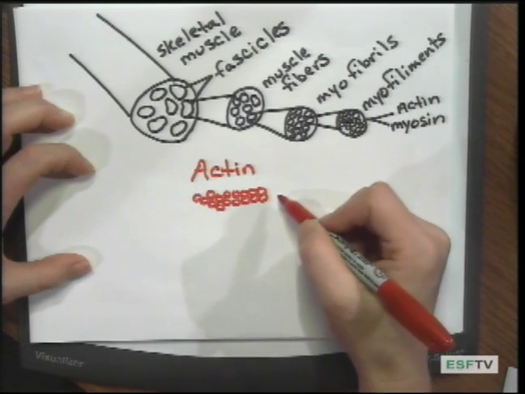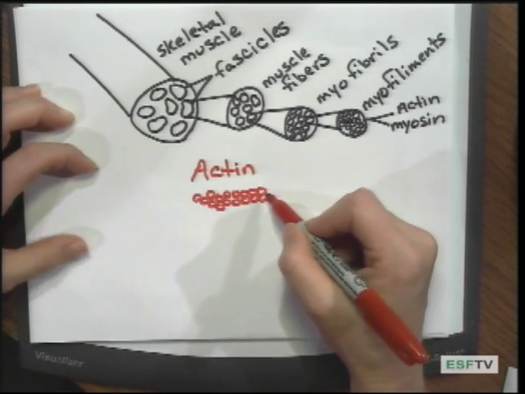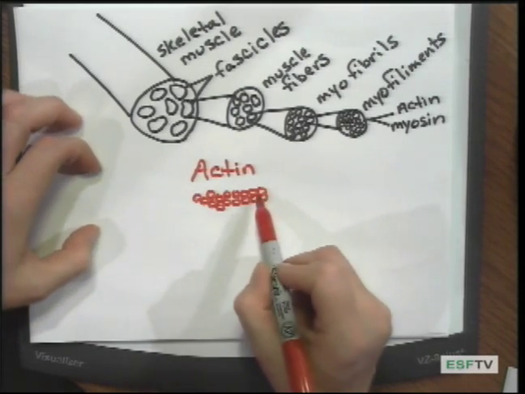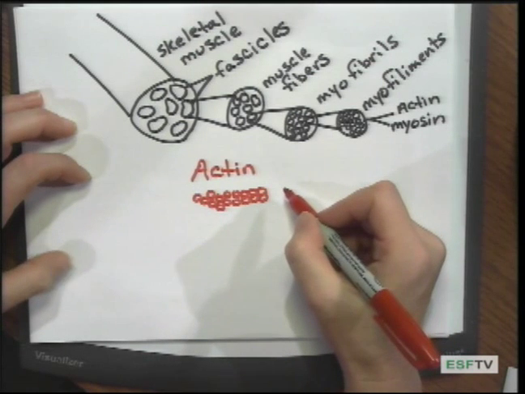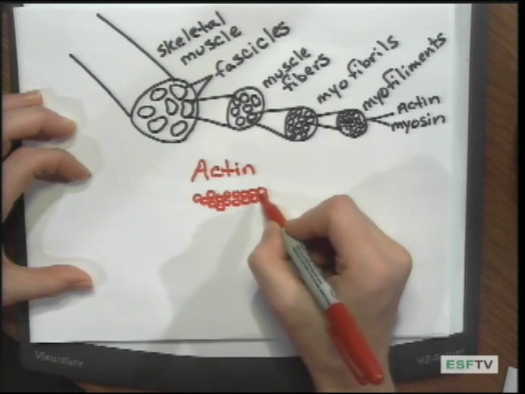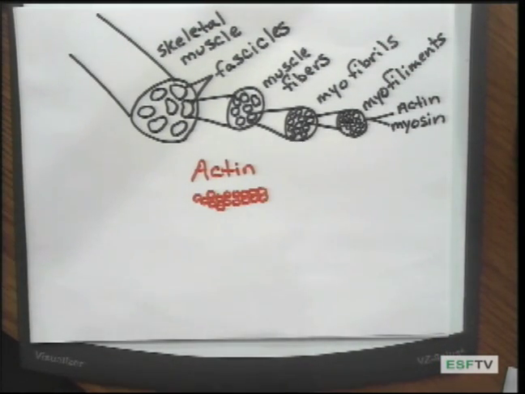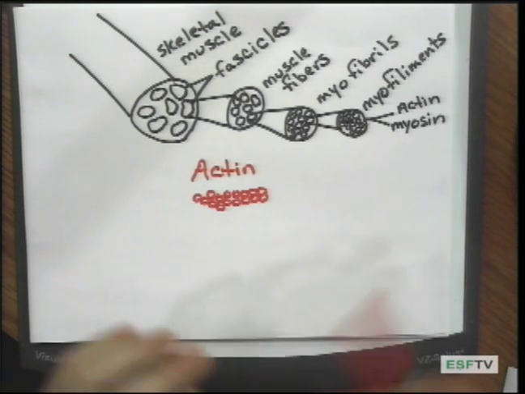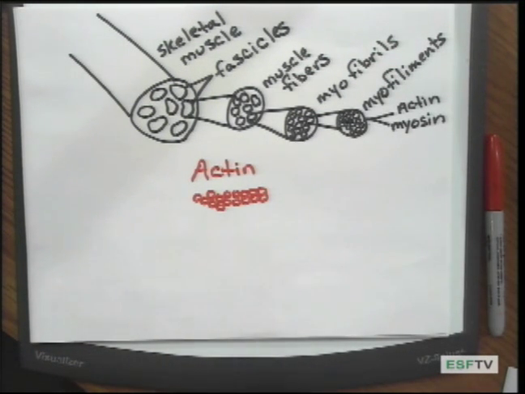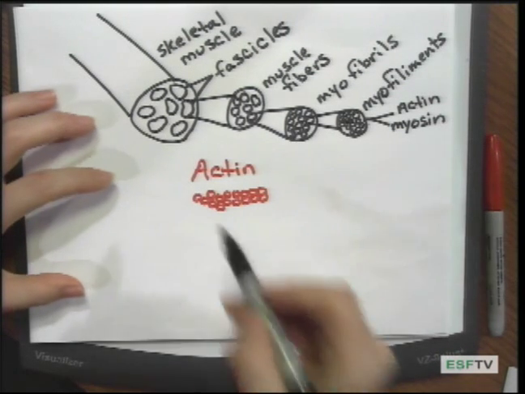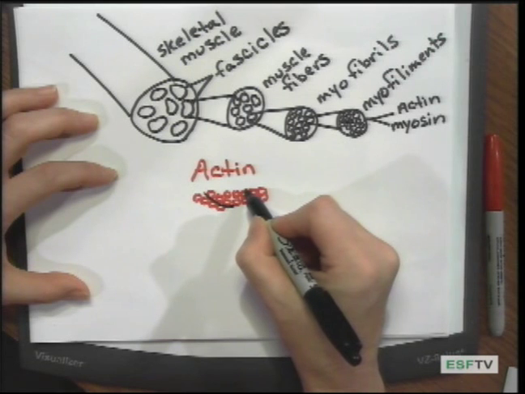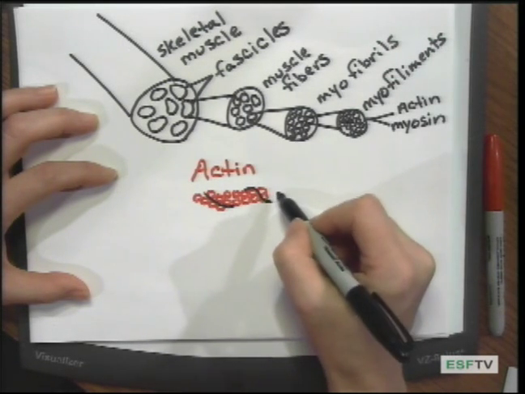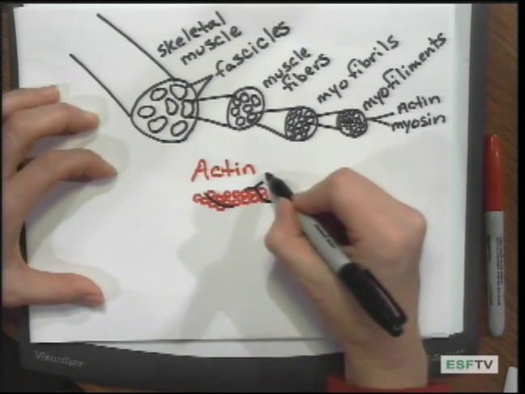So they kind of braid together here to form this two molecule filament structure. On these actin molecules, there is a compound that wraps around, and it's called tropomyosin.